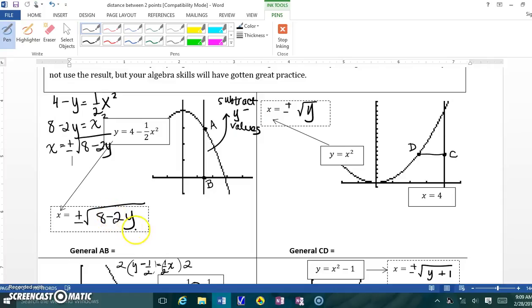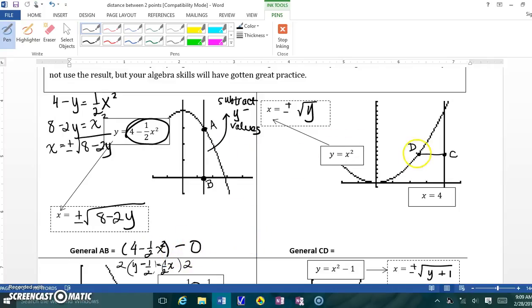It's just for practice to make your algebra skills stronger. So I'm going to take this y value minus this y value. This y value is equal to this function, because this function gives you the y values along the whole curve. This y value is 0. So the general distance from A to B is just 4 minus 1/2 x minus, x squared minus 0.